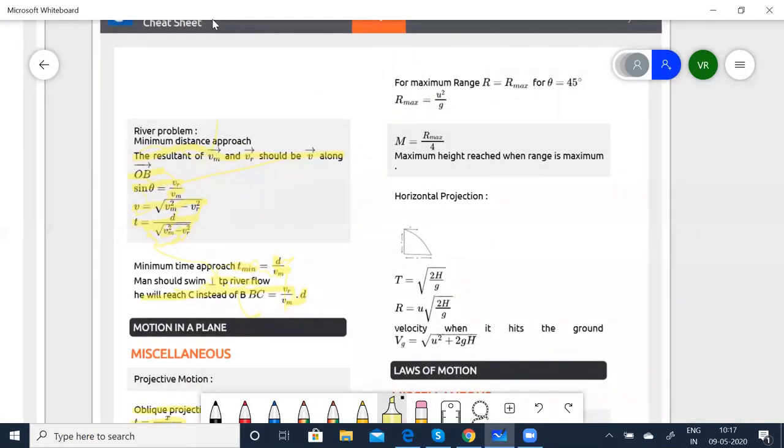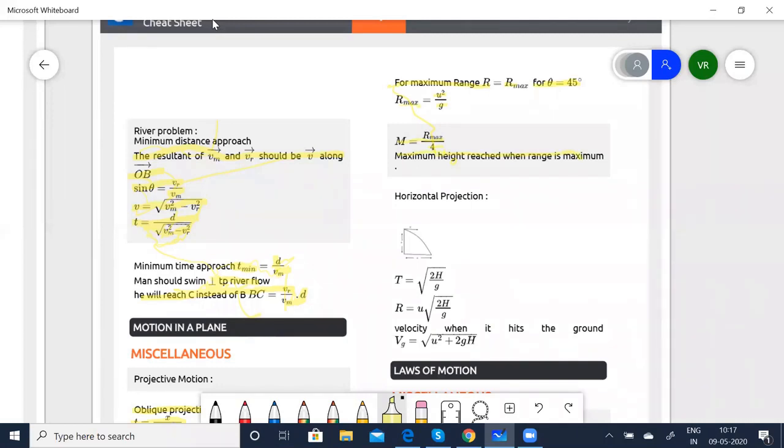You can use that formula, sin squared theta. Now for maximum range R max, theta has to be 45 degrees, so R max is equal to u squared by g. Then H max will be R max by 4. Whenever the range is maximum, the maximum height has been reached.